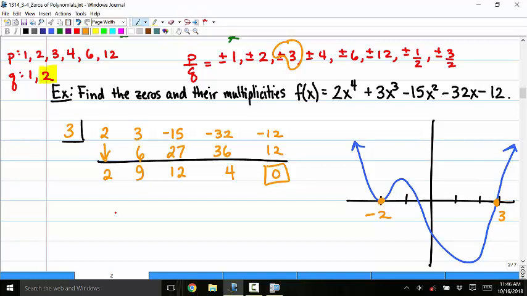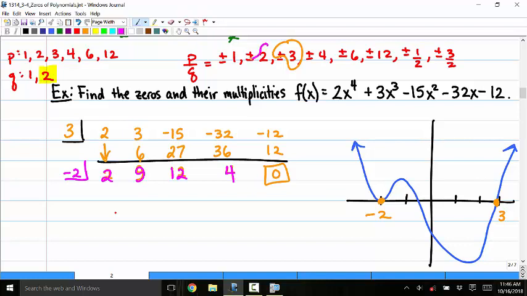What other number could I show is a 0? Let's do negative 2. So negative 2. I'm just going to use what's left here. I don't need to do the original one, because if it's a 0 of the original one, it's got to be a 0 of that one as well.